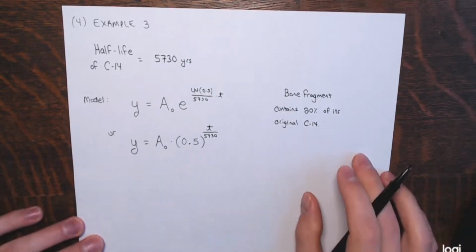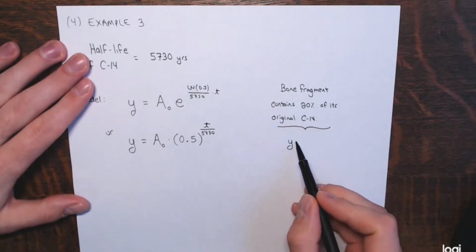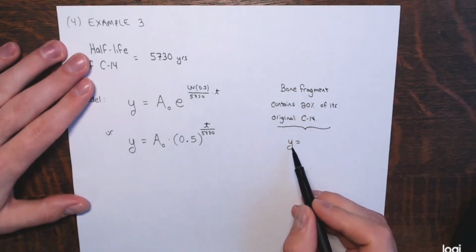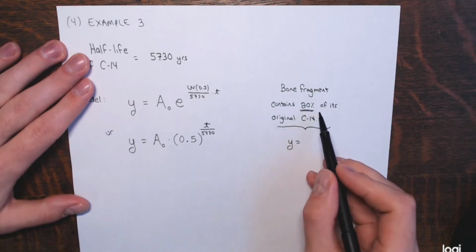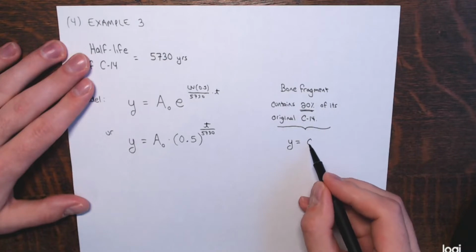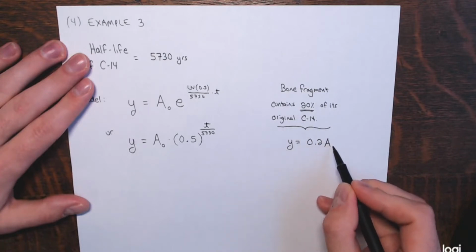So that means Y equals, the amount of carbon-14 left in the object is 20% of its original amount, so 0.2, that's 20%, times the initial amount, A sub 0.